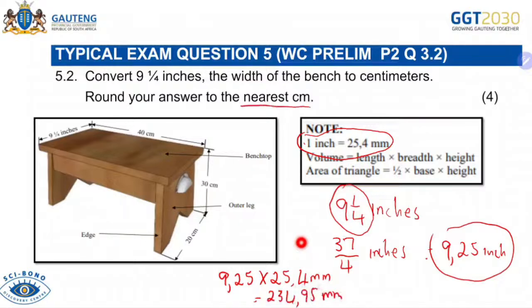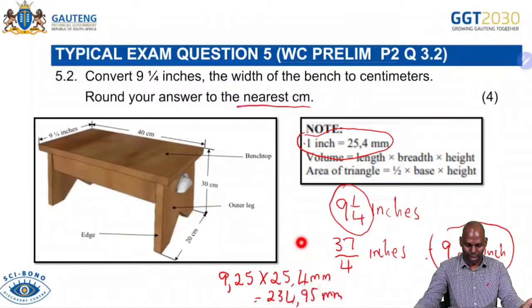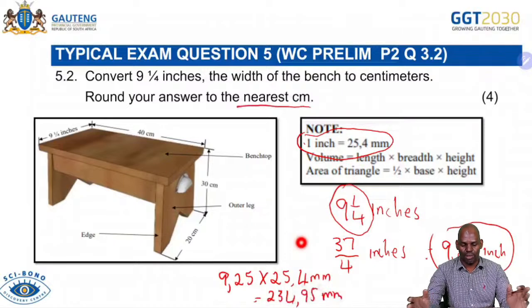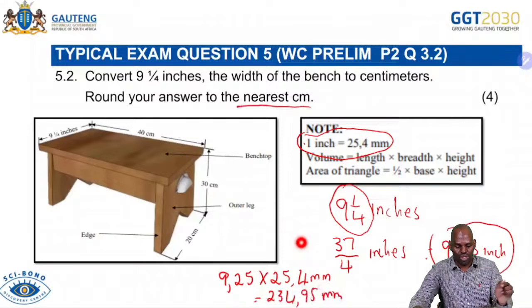But the question asks for the nearest centimeter. This one you must know. It's just metric units. How do you convert between centimeters and millimeters? If you want to convert from centimeters to millimeters, you multiply by 10. But if you want to convert from millimeters to centimeters, we divide by 10.